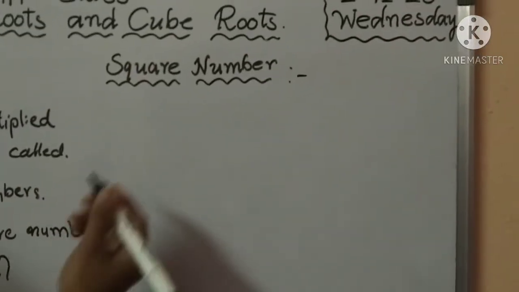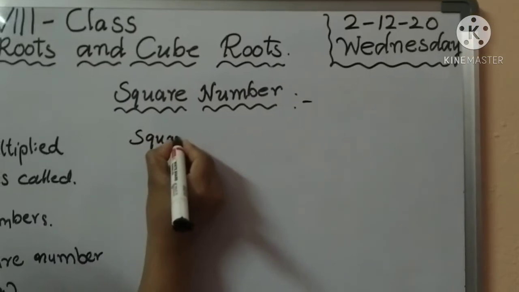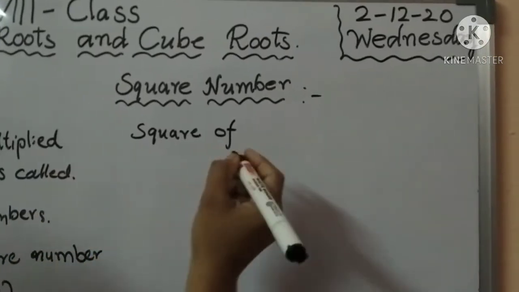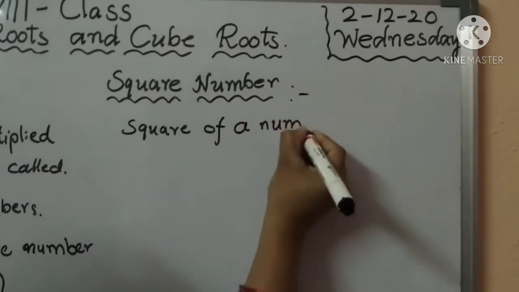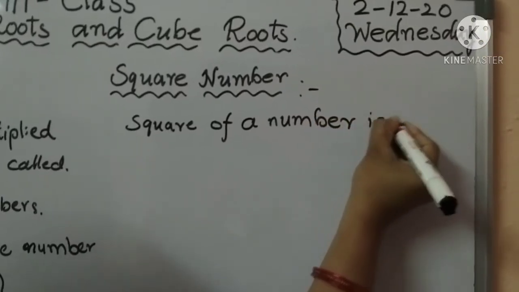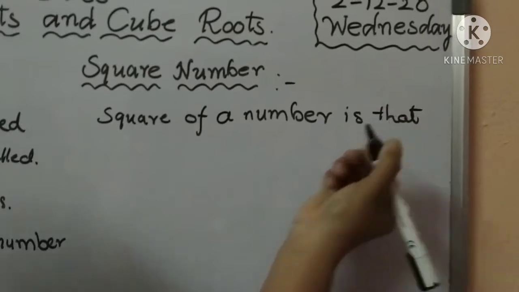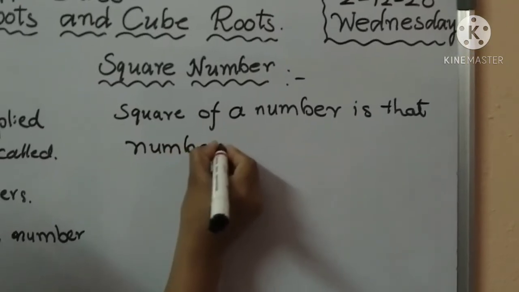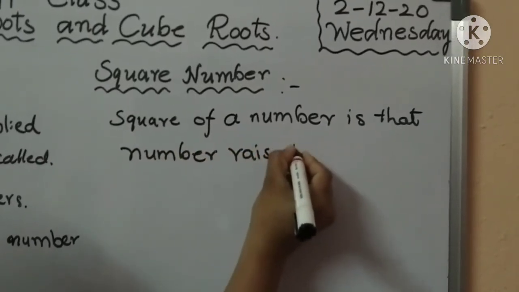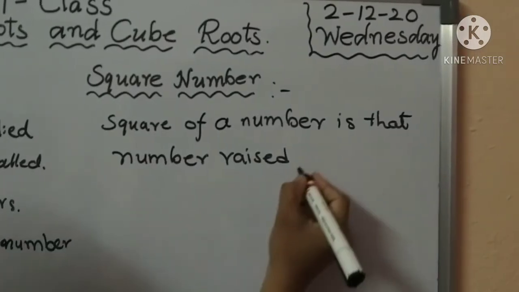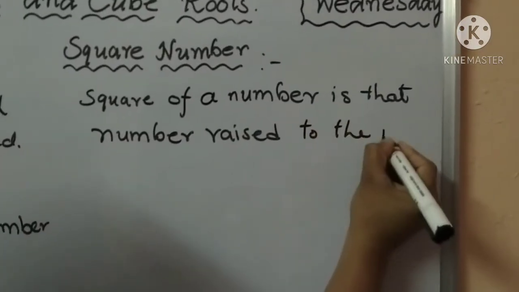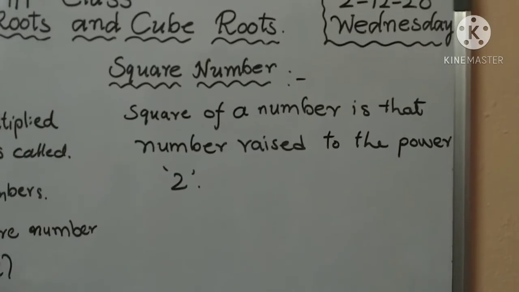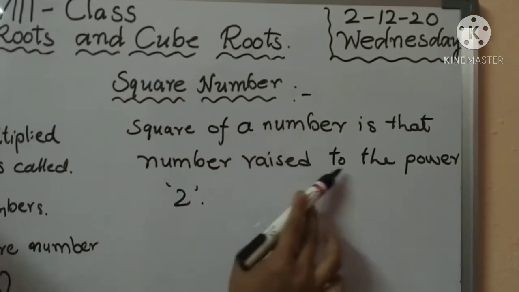The square of a number is that number raised to the power 2.